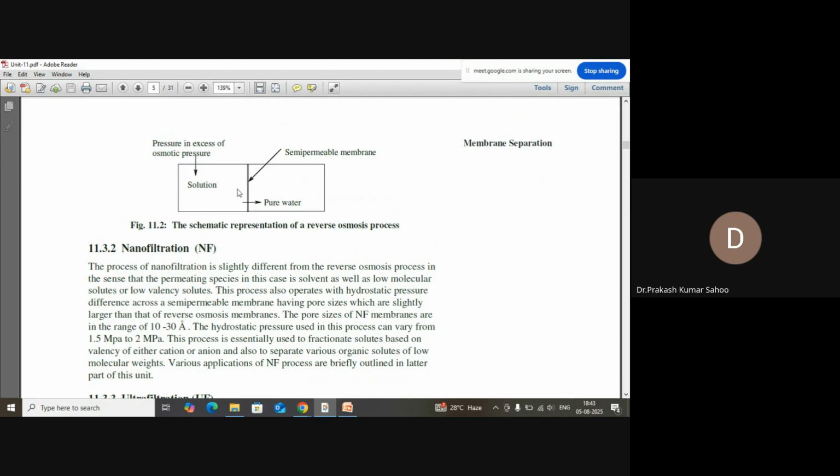This is an example of reverse osmosis, which is applied to the water purification mechanism, and in all the water purifiers, whether it is Aquaguard, Kent, or Livpure, or anything, the same mechanism is applied. That is the movement of solvent particles from the higher concentration to low concentration, and accordingly your separation was made.